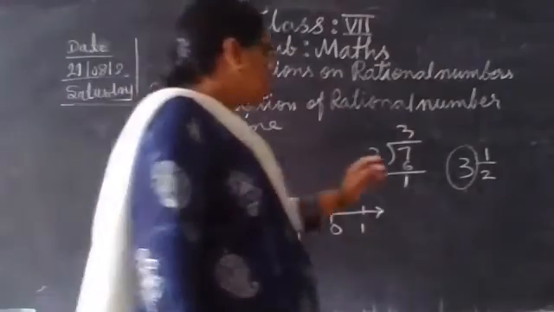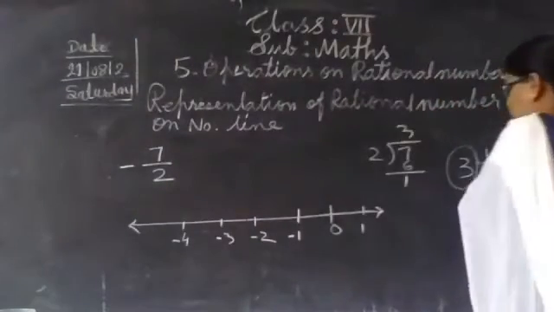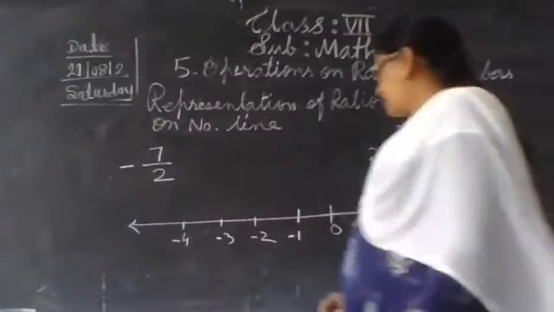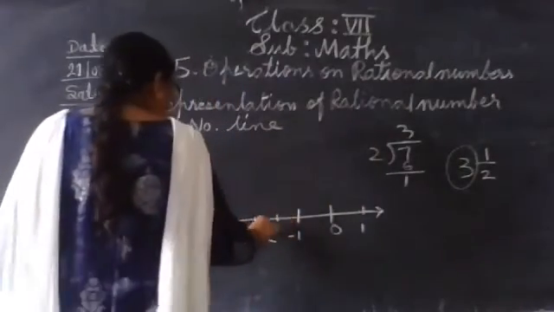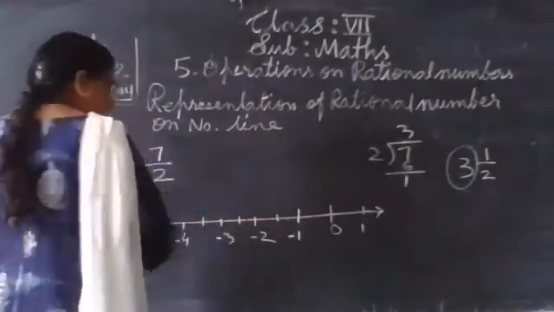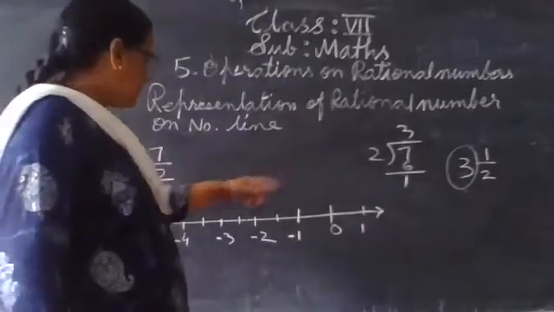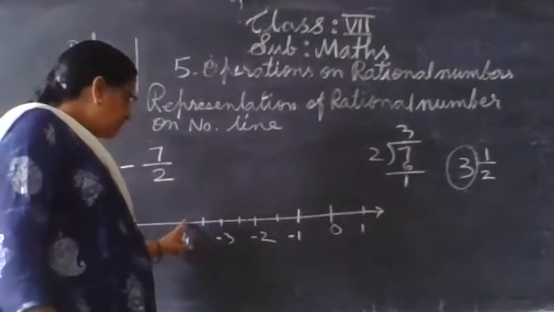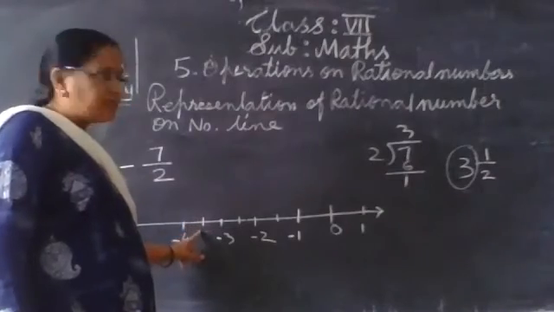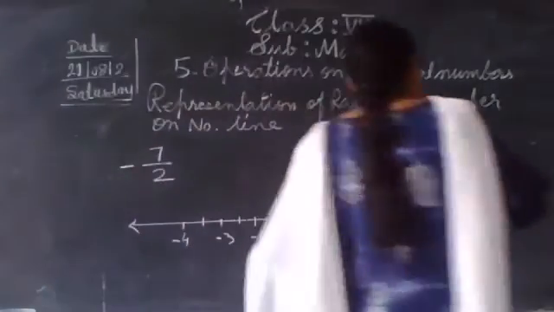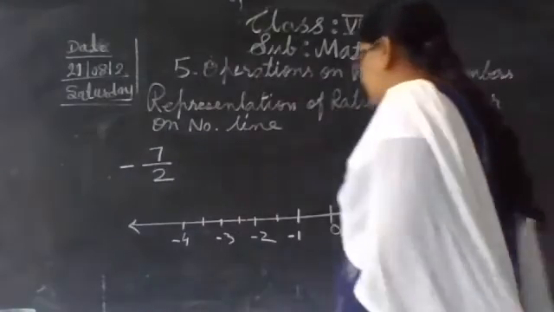Okay. So you have to make 2 equal parts of each section. It is 1, 2, 1, 2, 1, 2. So it lies between minus 3 and minus 4, but out of 2 parts, it is the 1 part.